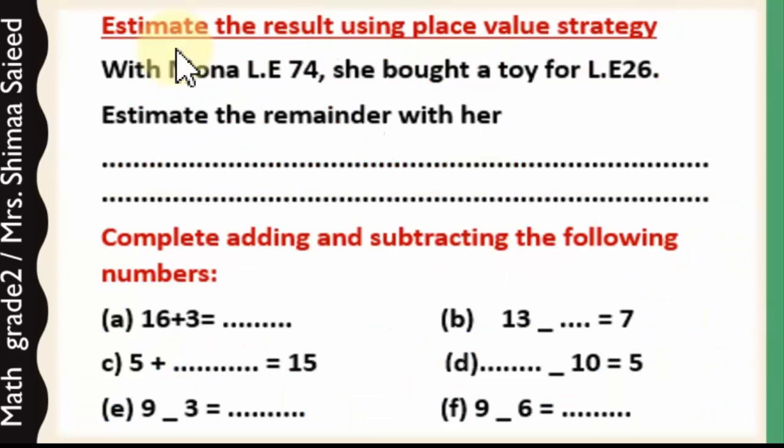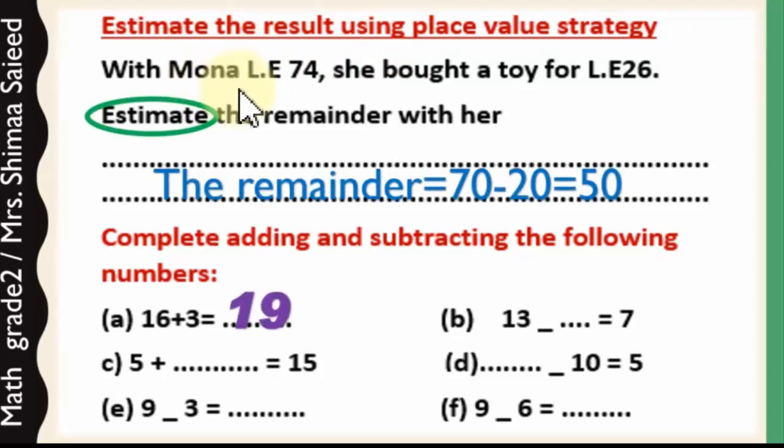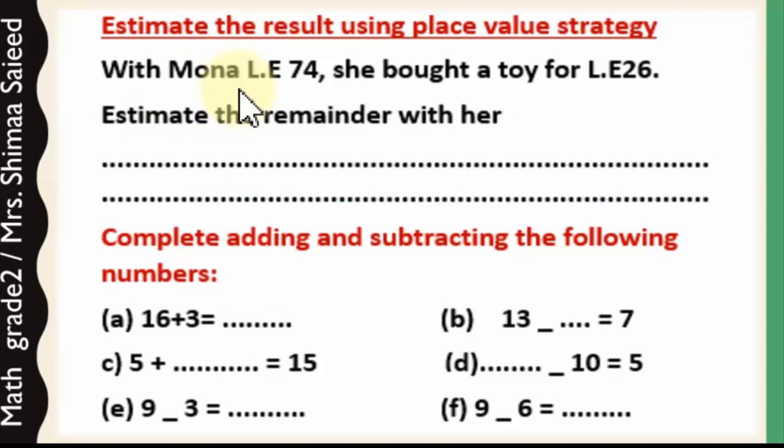Estimate the result using a place value strategy. Pay attention. With Mona 74 pounds, she bought a toy for 26 pounds.